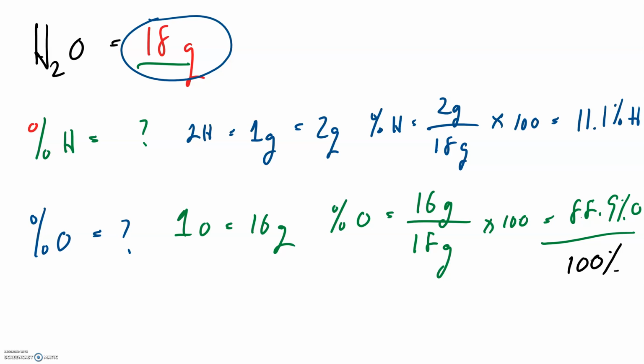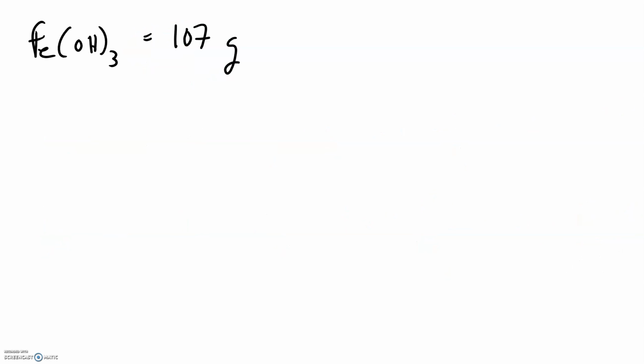Let's try this iron 3 hydroxide stuff and see what we get with that one. So in iron 3 hydroxide, we know the molar mass is 107 grams. We want to ask what percentage of this is iron, what percentage of this mass is oxygen, and what percentage of this mass is hydrogen.